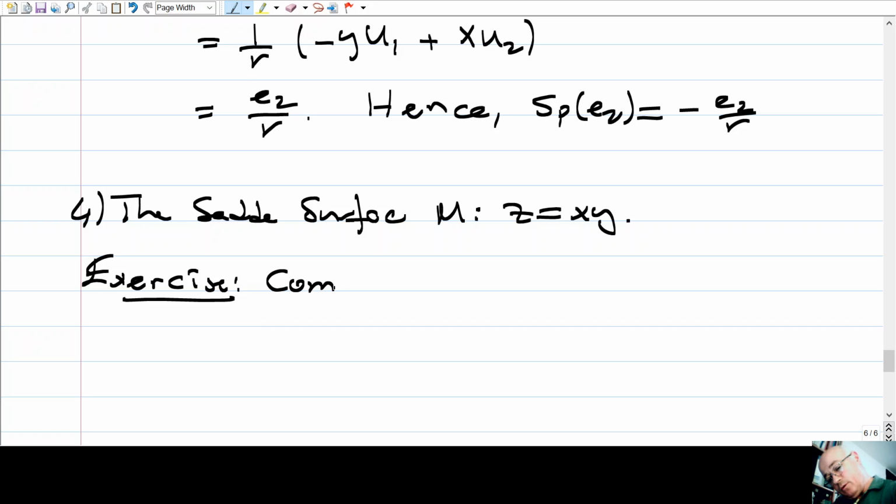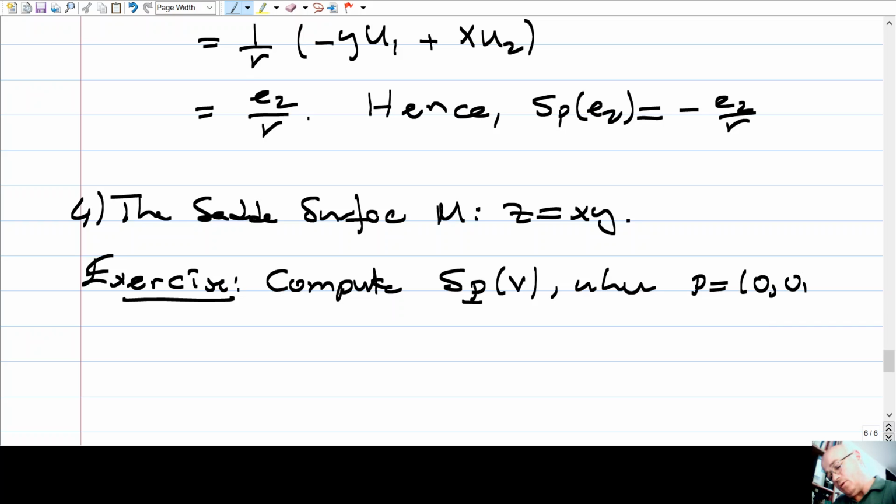Compute the shape operator at the point P, where P is this point, 0, 0, 0.